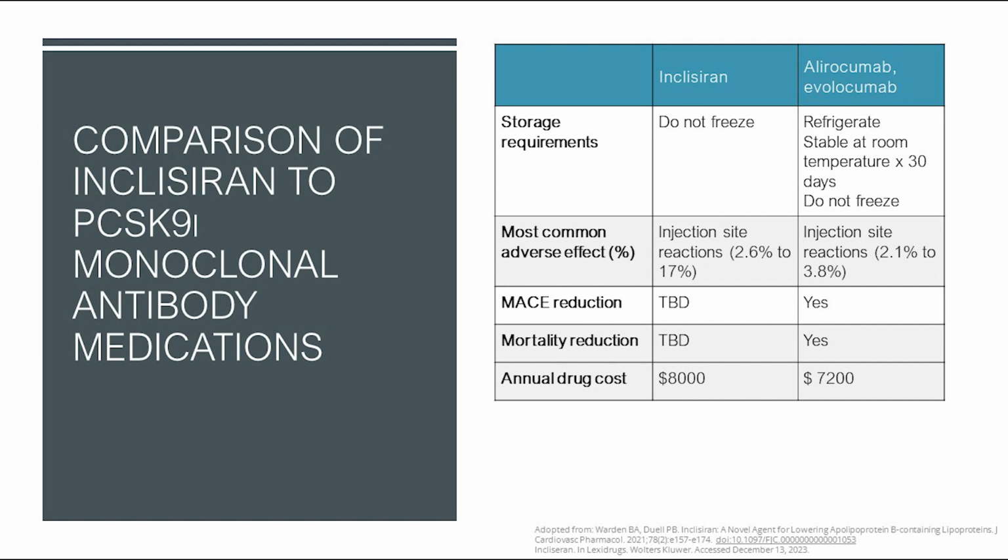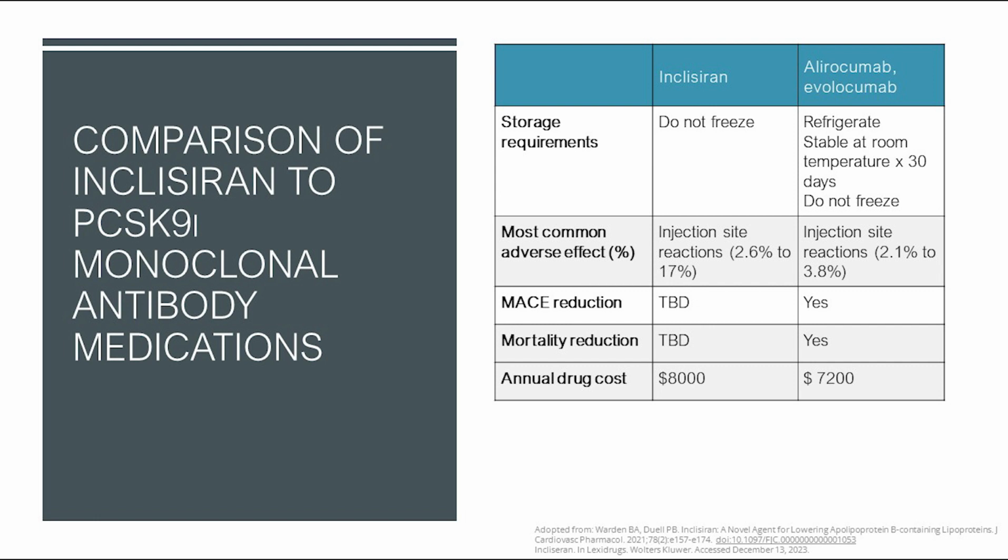And here is one of the most important factors that we need to consider when we're choosing between these types of non-statin agents, these PCSK9 agents: our MACE outcomes, our major adverse cardiovascular event reduction outcomes.